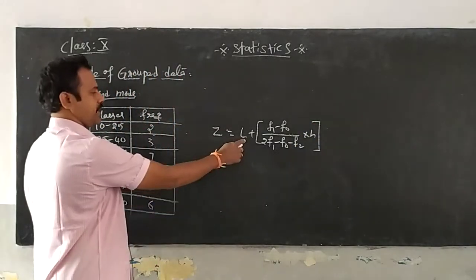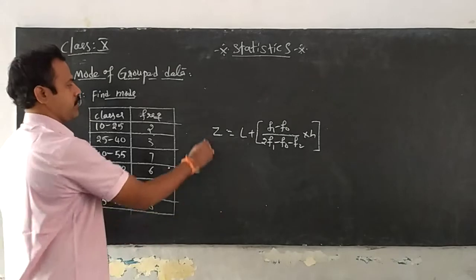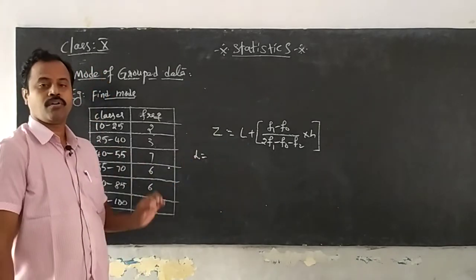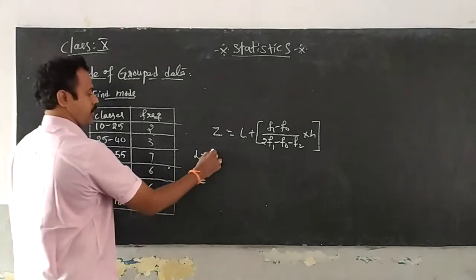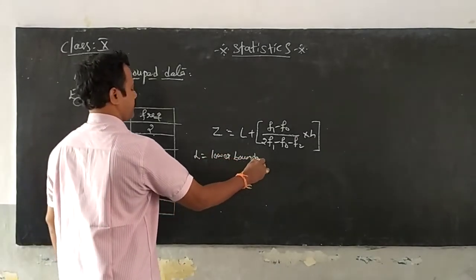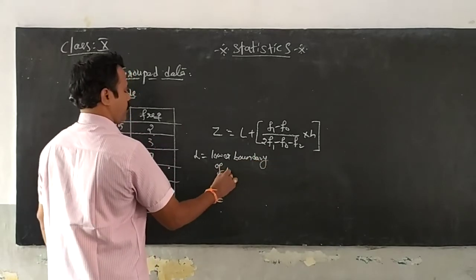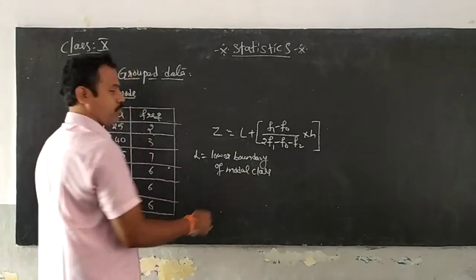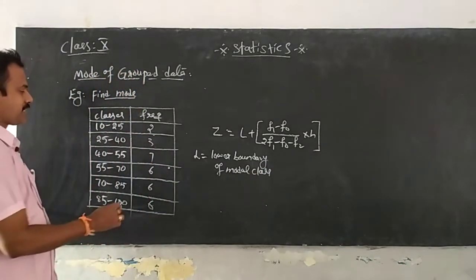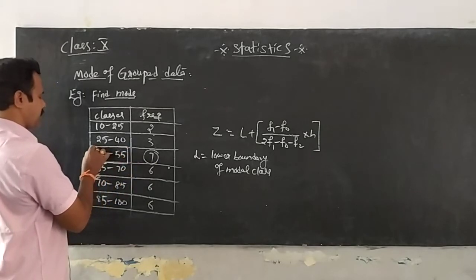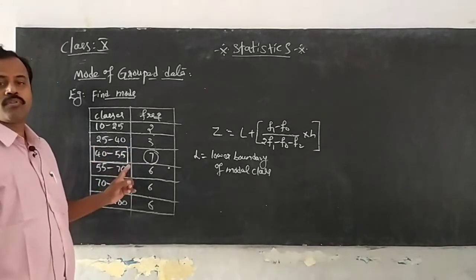Can you tell me what is L? Very good, L is equal to the lower boundary of the modal class. Write that down. You must know what a modal class is: the class containing the highest frequency is considered the modal class.